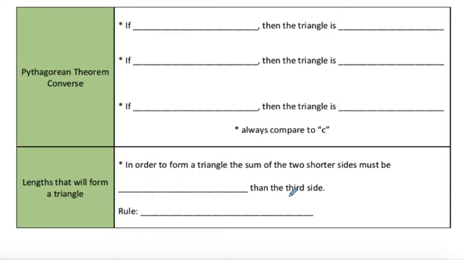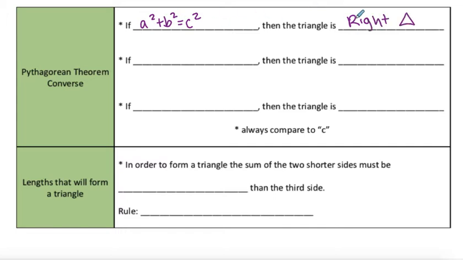The next thing that we're going to look into, the second part of today, is looking at the converse. And so this part might be new, where we're going to actually go backwards and say, if we know that a squared plus b squared equals c squared, if we know this is true, then the triangle is a right triangle.